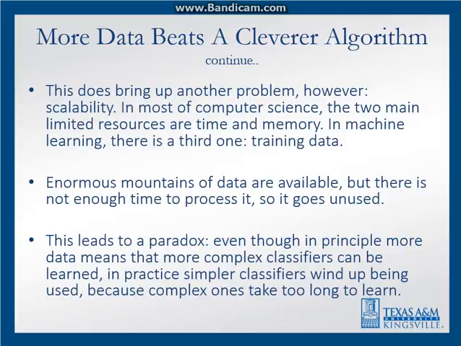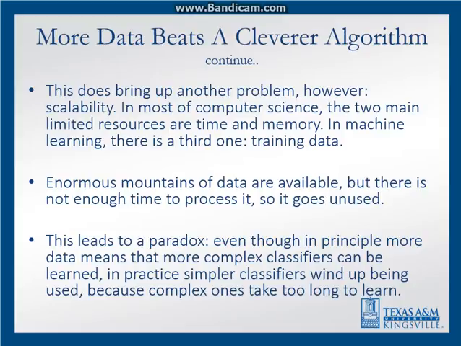This does bring up another problem, however: scalability. In most of computer science, the two main limited resources are time and memory. In machine learning, there is a third one. It is training data. Enormous mountains of data are available, but there is not enough time to process it, so it goes unused.